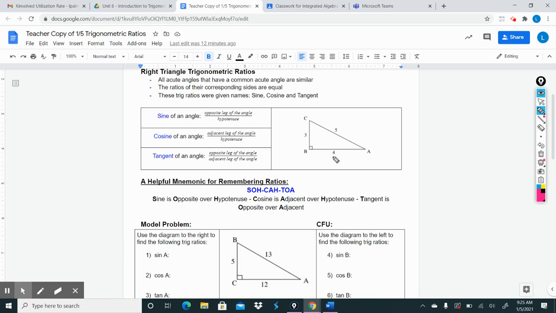So we could have multiple right triangles that have common angle measures, and they are going to be similar, even though they might not be the same size. They will be similar in how they look because they share the same angle measures. They will also have corresponding sides whose ratios are equal.